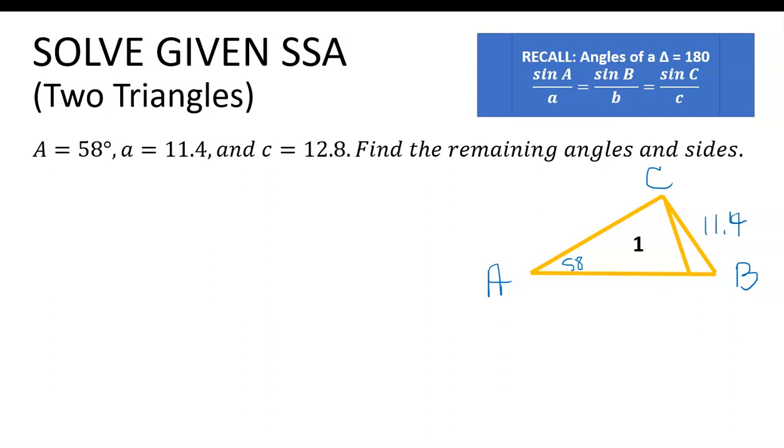Remember that if I move this over, that same A is also right here, so it's still the same height. That would still be an 11.4. And they gave us C, so across this whole thing is 12.8.